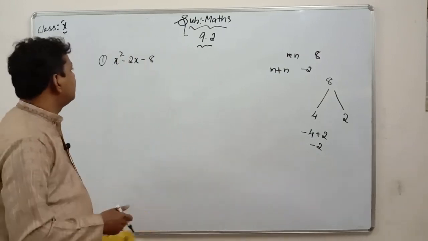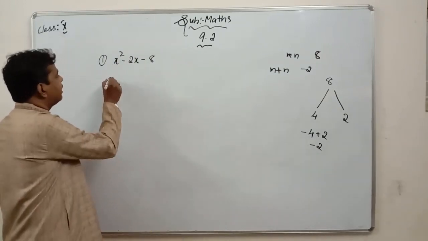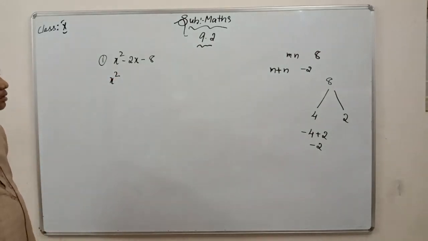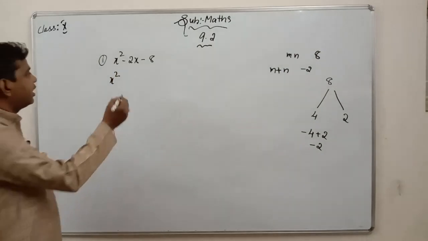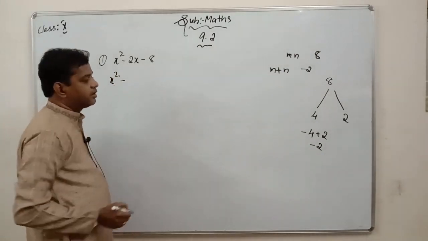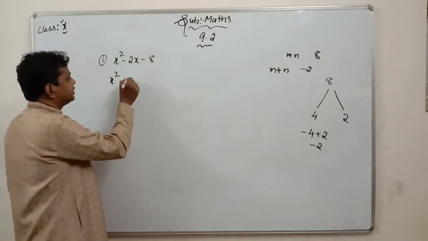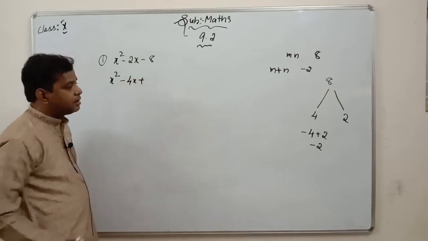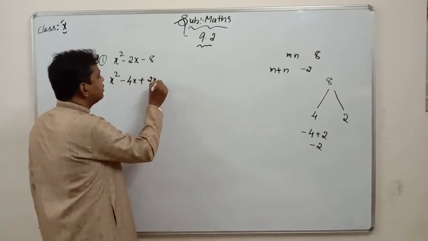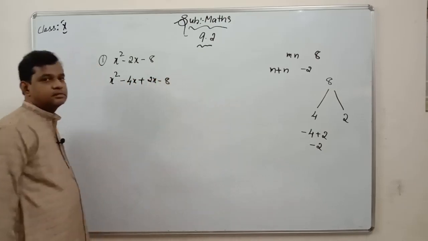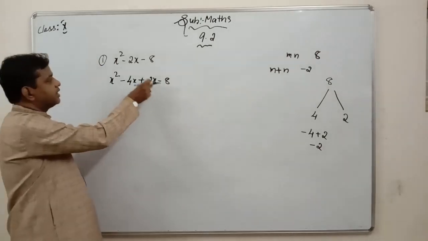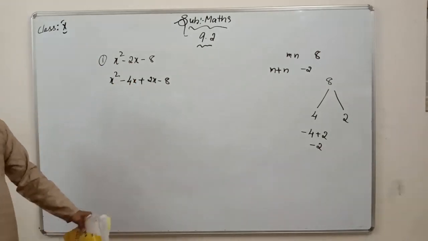Same question. So what I am doing is here x square I am writing. So we have minus 4. Either you can write minus 4x or plus 2x, left to you. Minus 4x plus 2x minus 8. See here. So minus 4x plus 2x, again you will get minus 2x only, minus 8 as it is I am writing here.